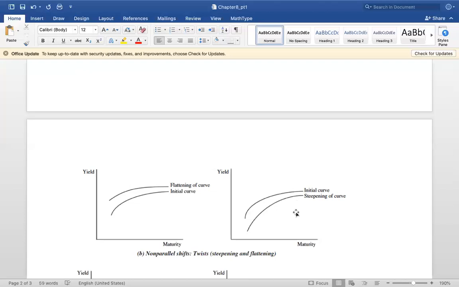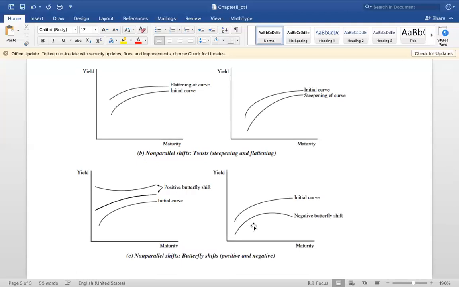The other type of non-parallel shift is the change in the curvature or the humpedness of the curve, and we refer to it as butterfly shifts, right? In a positive butterfly shift, the yields on long-term and short-term bonds increase or decrease more compared to the yield on the intermediate term bond.